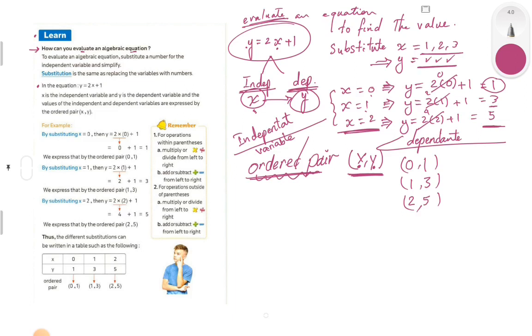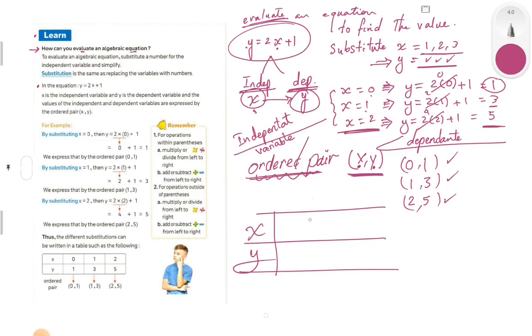Now I have 3 ordered pair, and I can write it in a table by the x value and y value. I have 3 values.